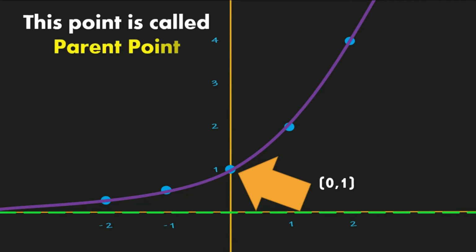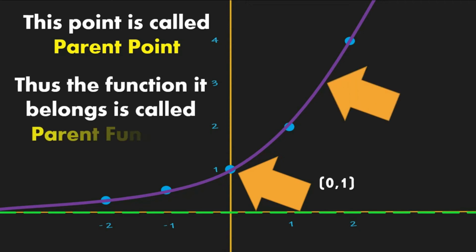This point is called the parent point. So, pwede natin siya tawagin parent point. Pero sa ibang libro, iba ata yung tawag nila. Pero on our subject, let's make an agreement that this will be called parent point. Thus, the function it belongs is called, syempre, parent function.